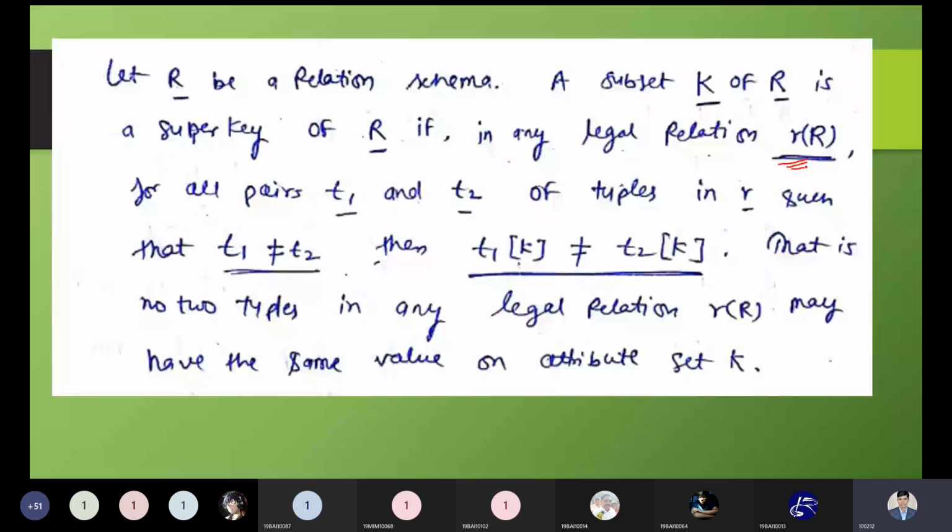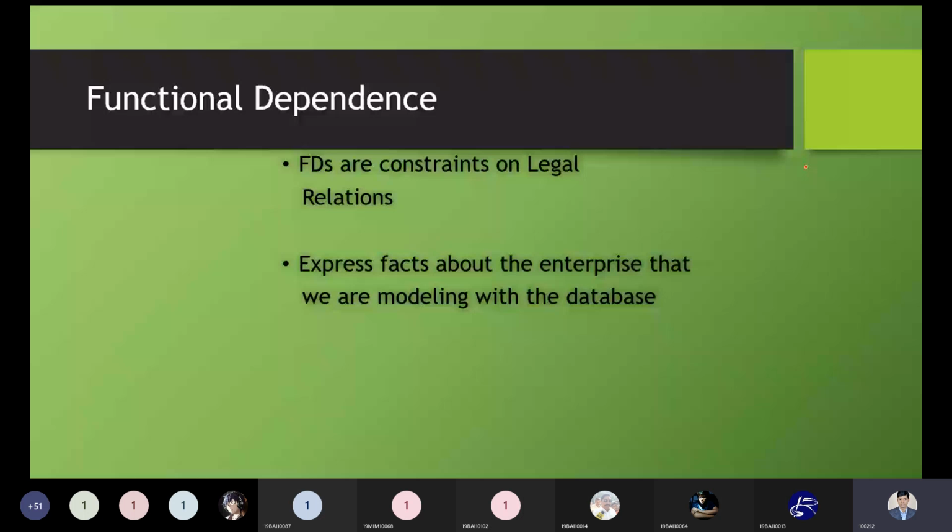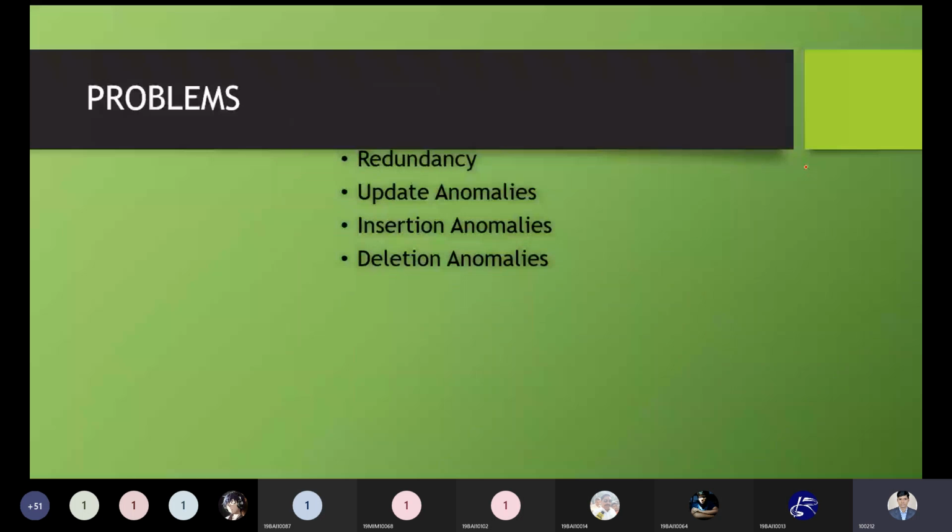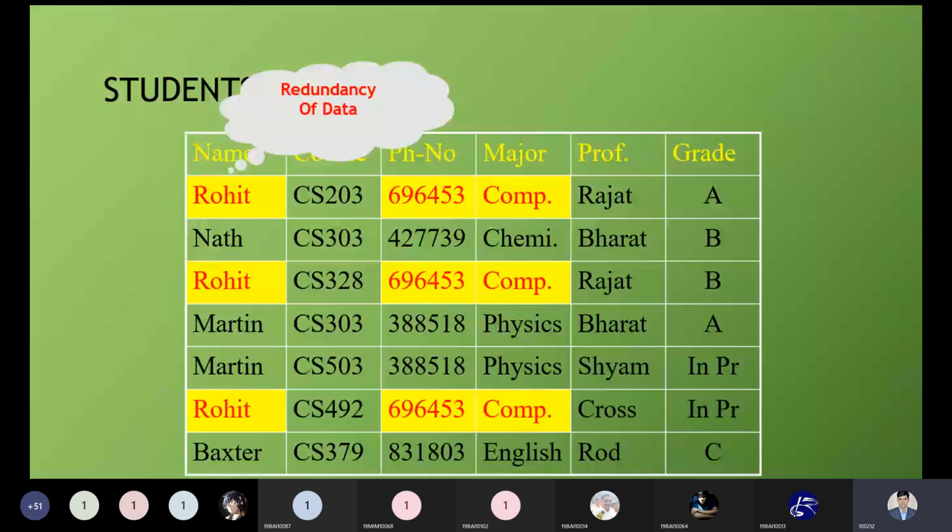In the relation student, suppose we have the tuples Rohit Nath and Rohit, with the same values. If we are not having the key attribute, then there will be duplicacy, and T1 will be equal to T2. But if we have the key attribute, then the two tuples will not be the same. So how can you differentiate?